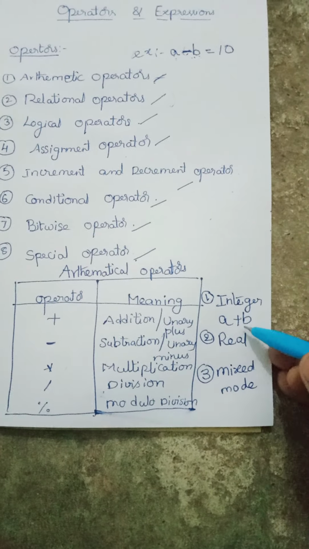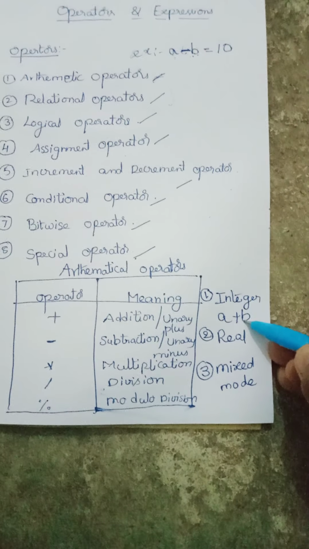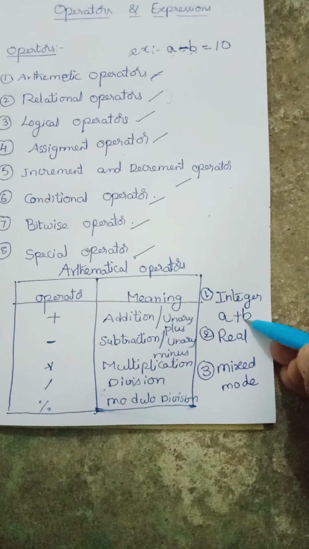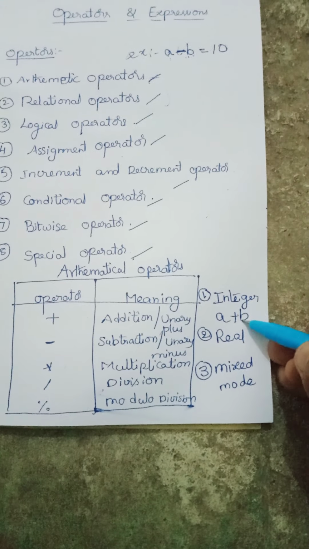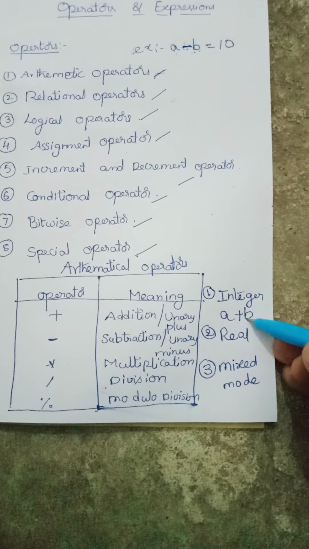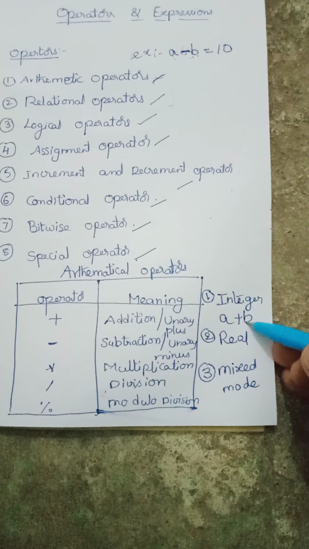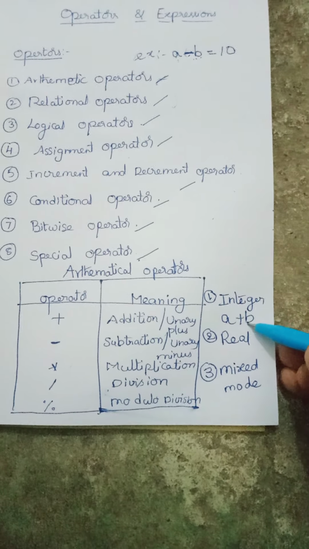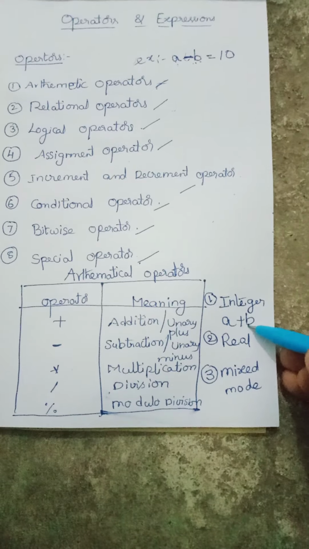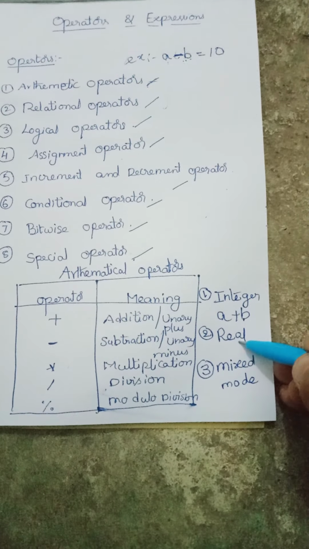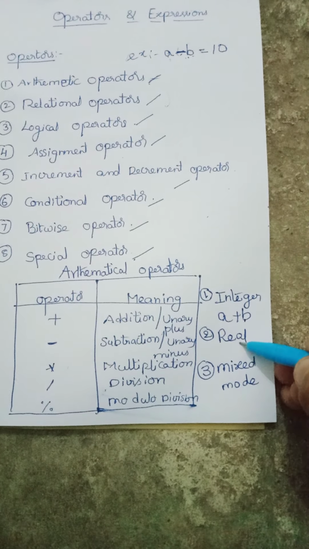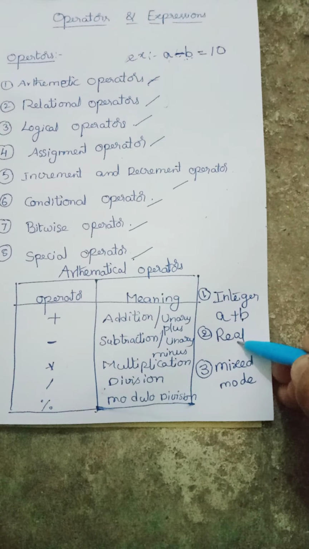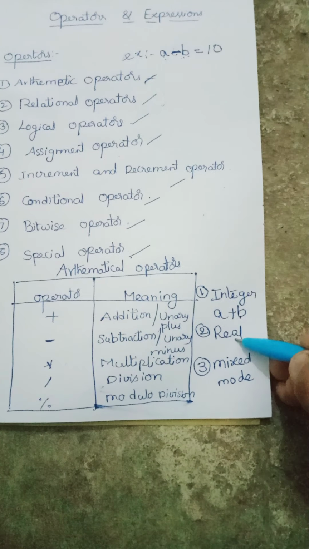This a plus b operation is called integer arithmetic. Integer arithmetic always yields an integer value. Here a and b are called integers. Understood?